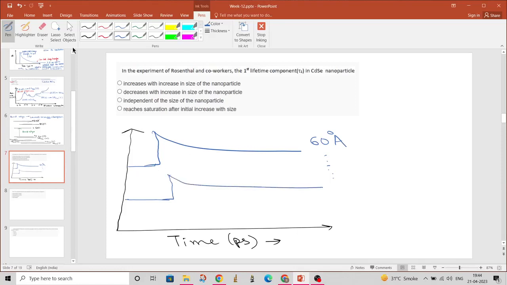Okay, this is almost the same. Here there is almost no fast component. Here we see a faster component.